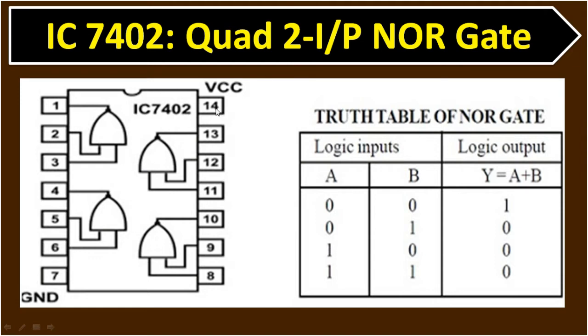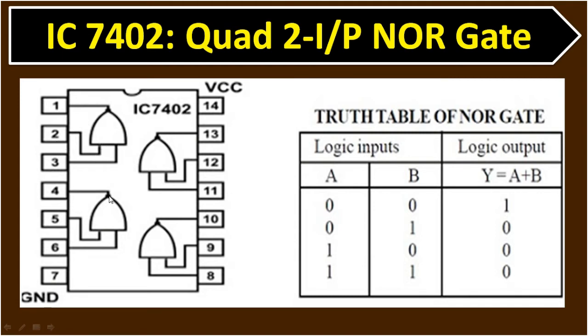As usual, pin number 14 is VCC, that is you can apply plus 5 volt here and connect ground at pin number 7. Since all the NOR gates are facing upward, pin number 1 is the output and pin number 2, 3 are the inputs of the first NOR gate.